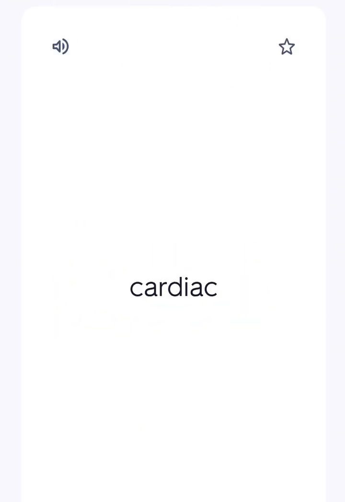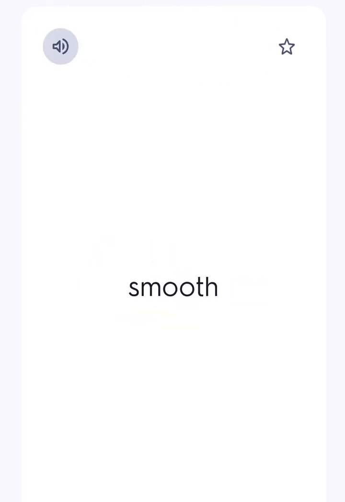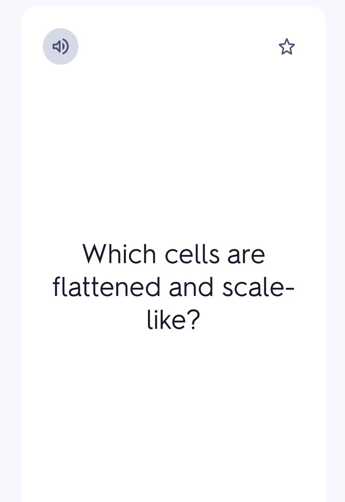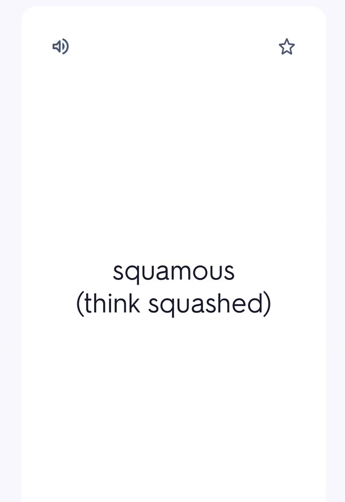Cardiac. Which type of muscle tissue lacks striations? Smooth. Which cells are flattened and scale-like? Squamous.